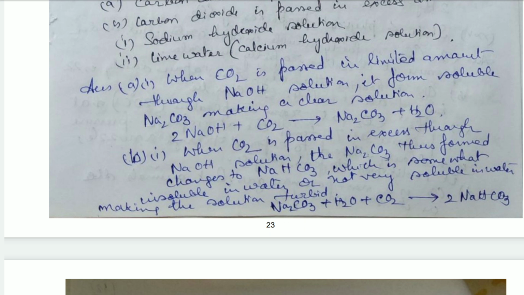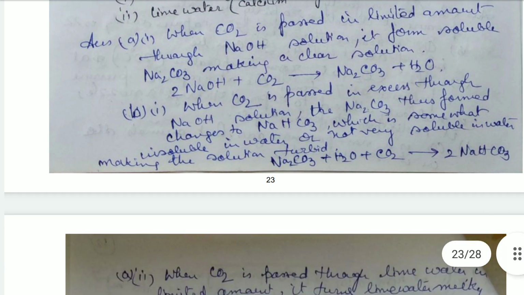So what I mean is that when a limited amount of carbon dioxide is passed through sodium hydroxide solution, it forms a clear solution. But when an excess amount is passed through, the solution will turn turbid due to the formation of sodium hydrogen carbonate.